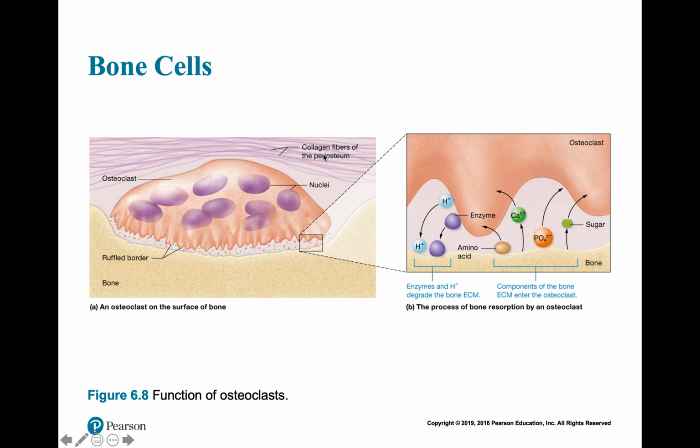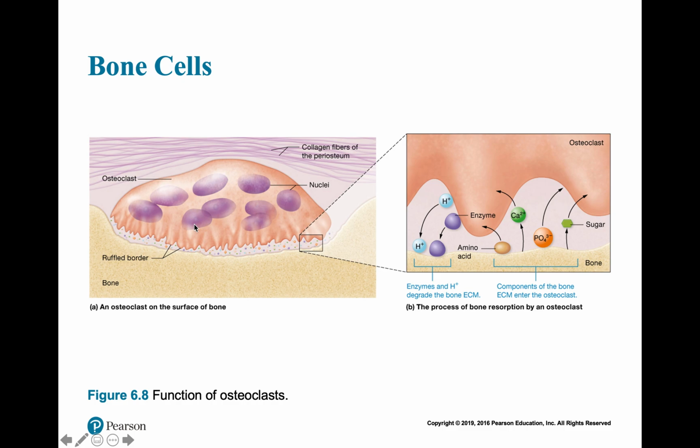This could also say collagen fibers of the endosteum, right? Because remember, these bone cells, osteoblasts, osteocytes, and osteoclasts, can be found kind of sandwiched between the periosteum or the endosteum and the bone itself. So here, this is the periosteum. Here's the bone. Here's our osteoclast sandwiched in between, okay?